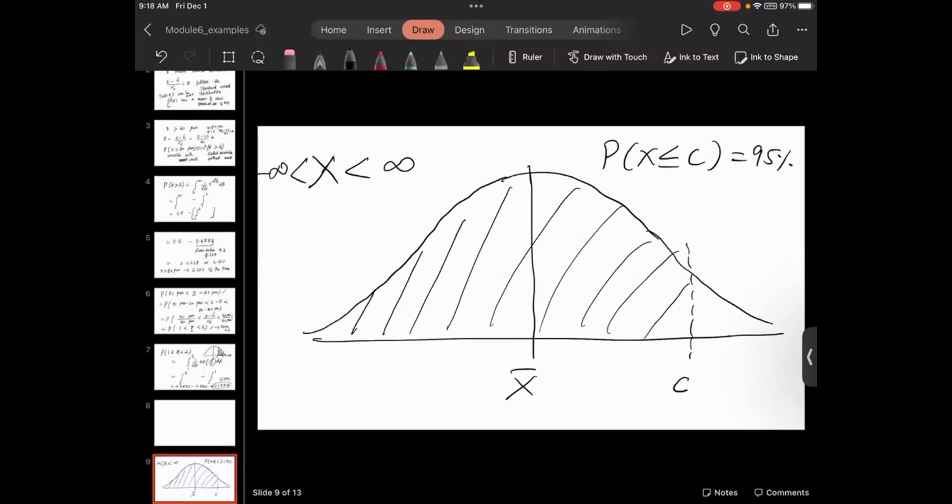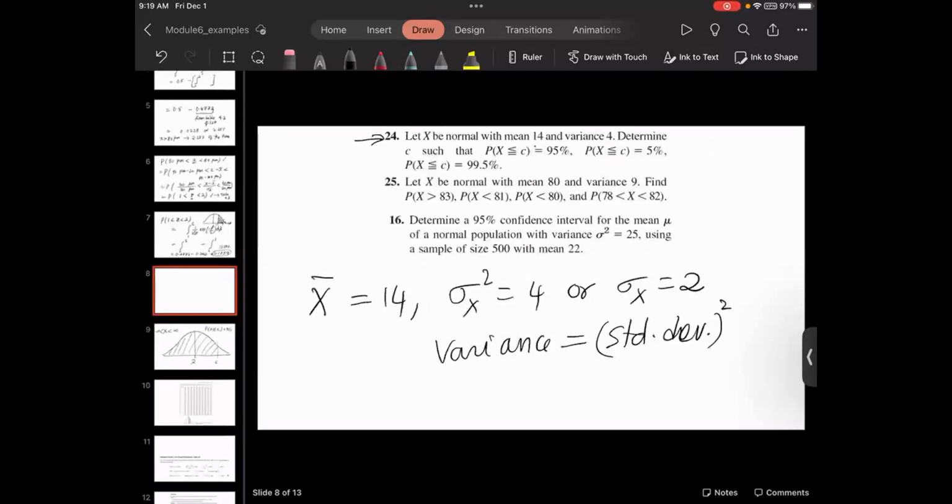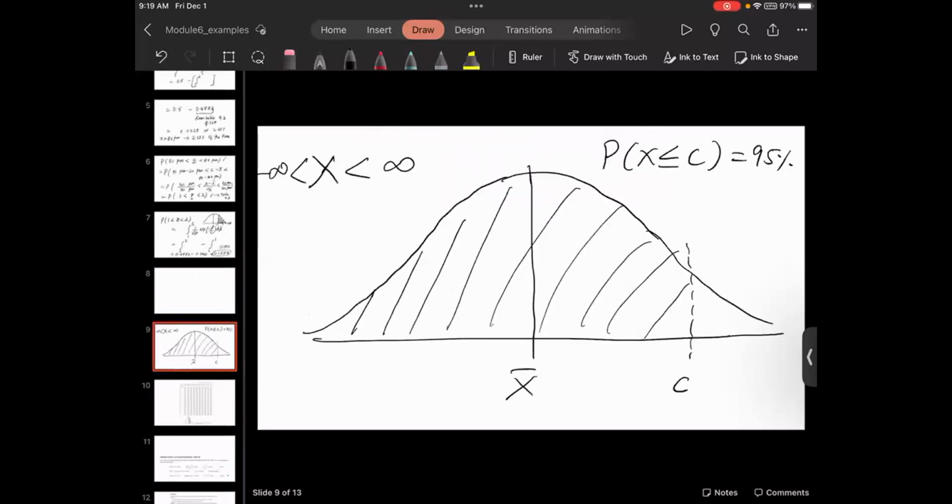Okay. So this is given in terms of a mean and standard deviation.